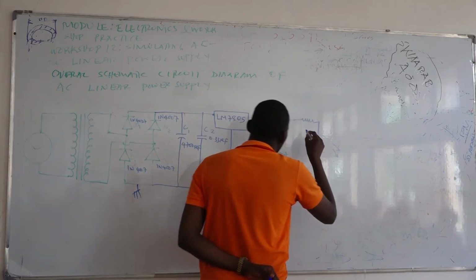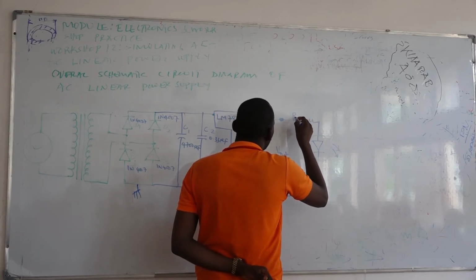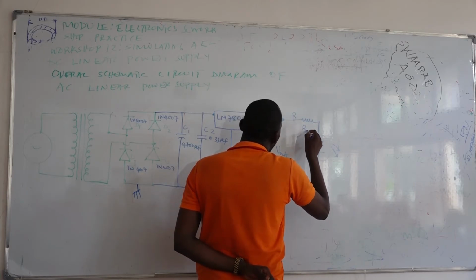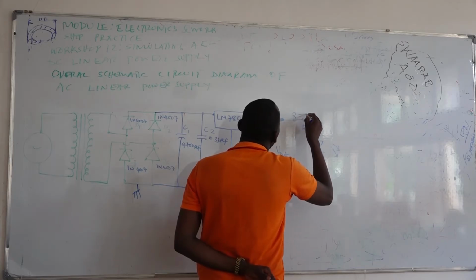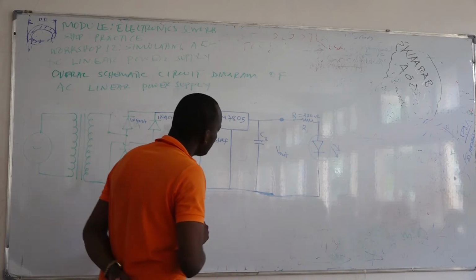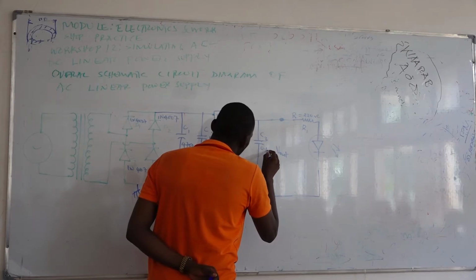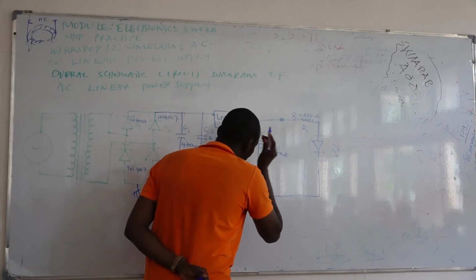Remember that the light emitting diode and this resistor, this is R1, you may use 220 ohm. The capacitance of capacitor 3 is 0.1 microfarad.